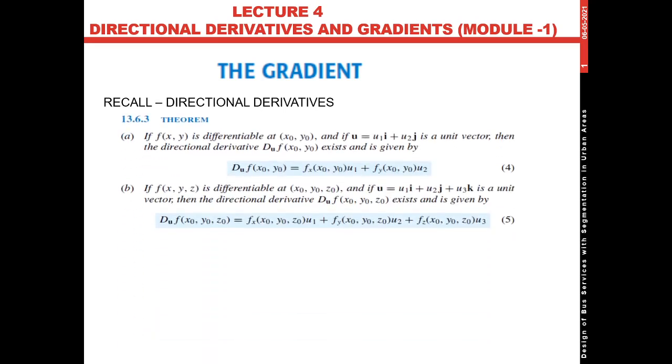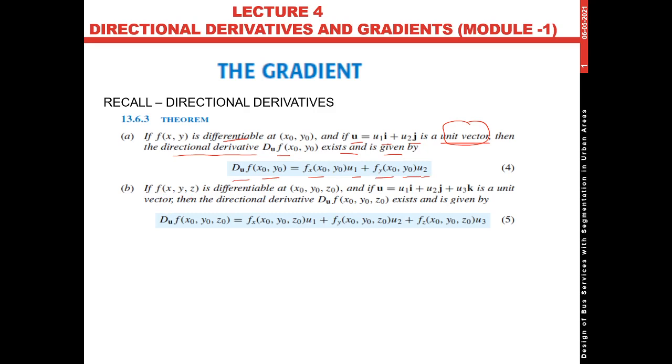We know that if f(x, y) is a differentiable function at (x0, y0), and u1 i plus u2 j is a unit vector, this is important, then the directional derivative Du f(x0, y0) exists and is given by Du f(x0, y0) = fx(x0, y0) u1 plus fy(x0, y0) u2.